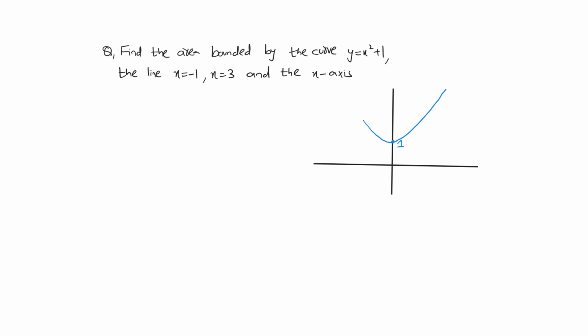Okay, you need to find the area bounded by the curve. This is y of x or the function in x. You need to find the area bounded by this curve and the x-axis and the lines x equals -1 and x equals 3. So this is the entire region that we need to find, the area of the shaded region.